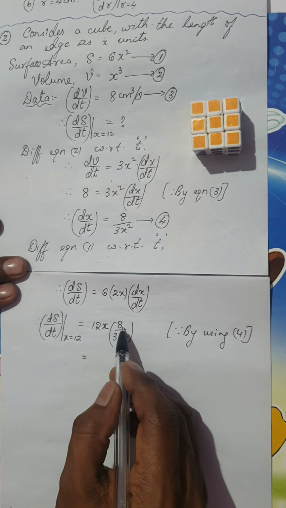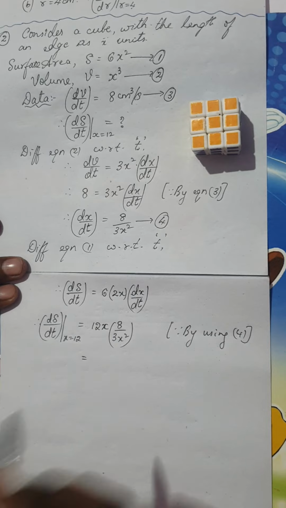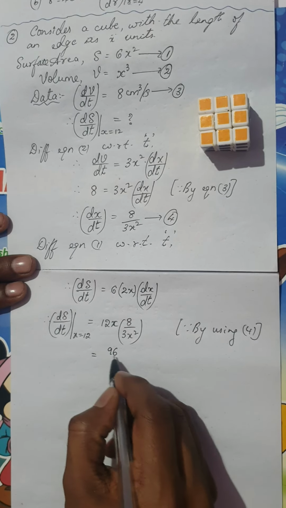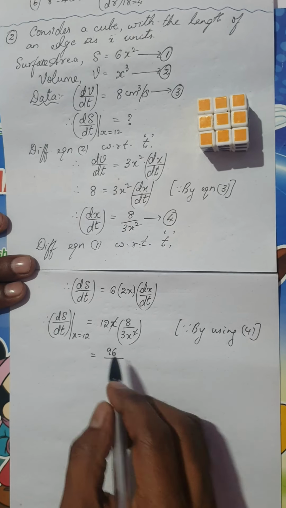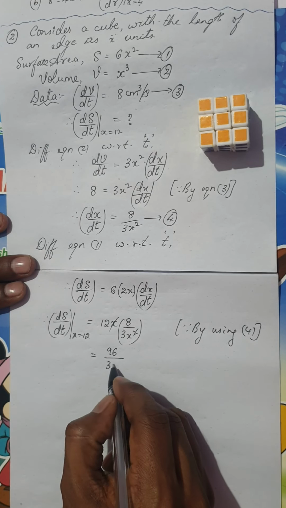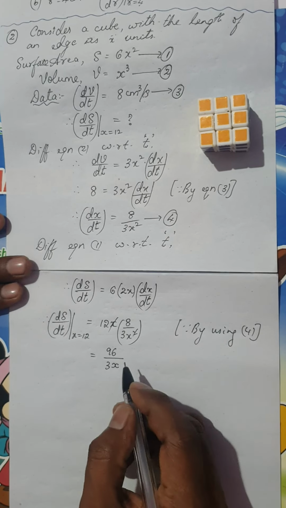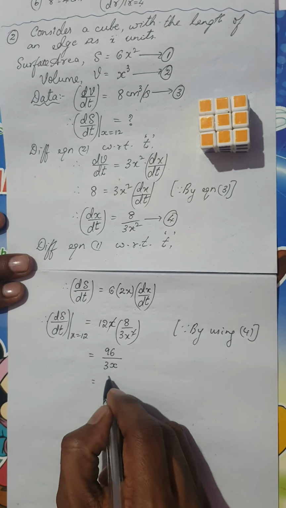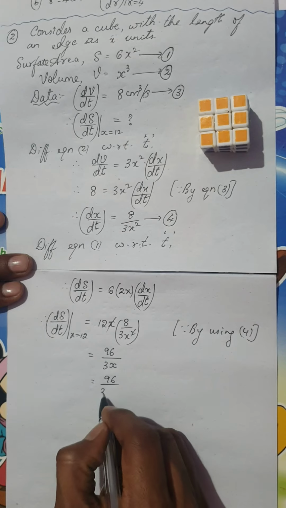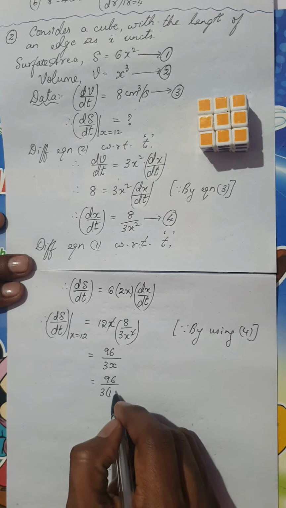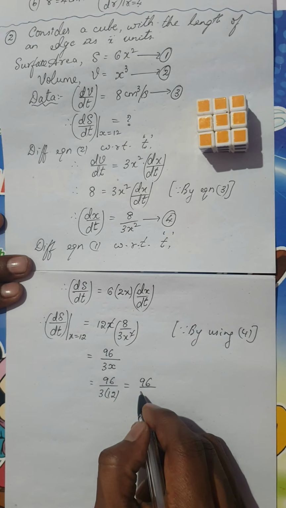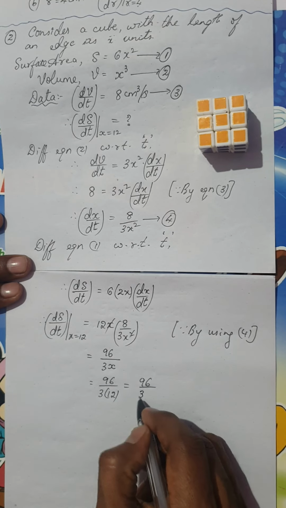I will get 12 8s are 96. So, 96 divided by 3x, since one x term will be cancelled. Therefore, substitute for x is equal to 12. This is nothing but 96 divided by 3 into 12. This is nothing but 96 by 36.